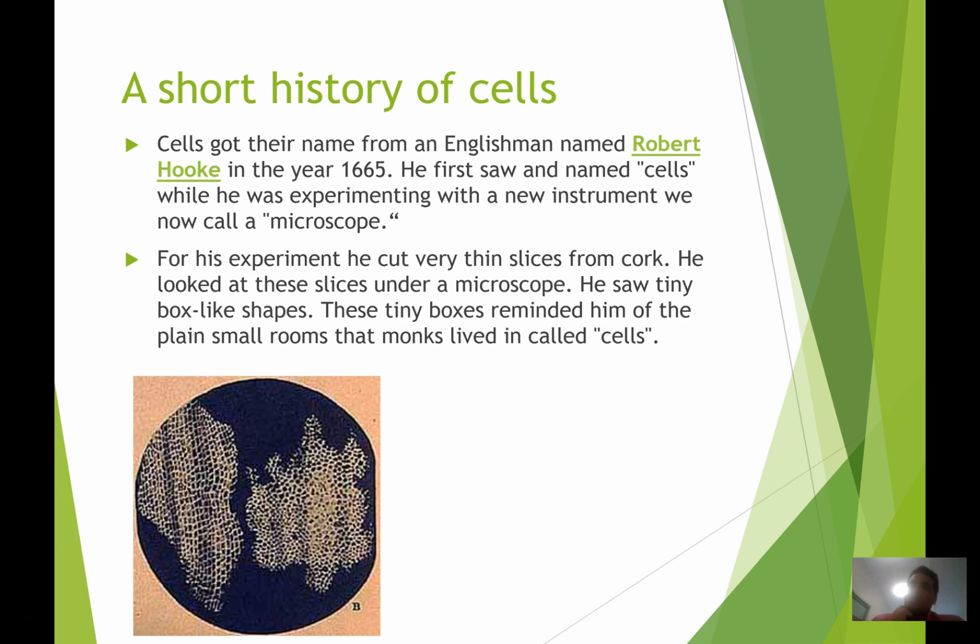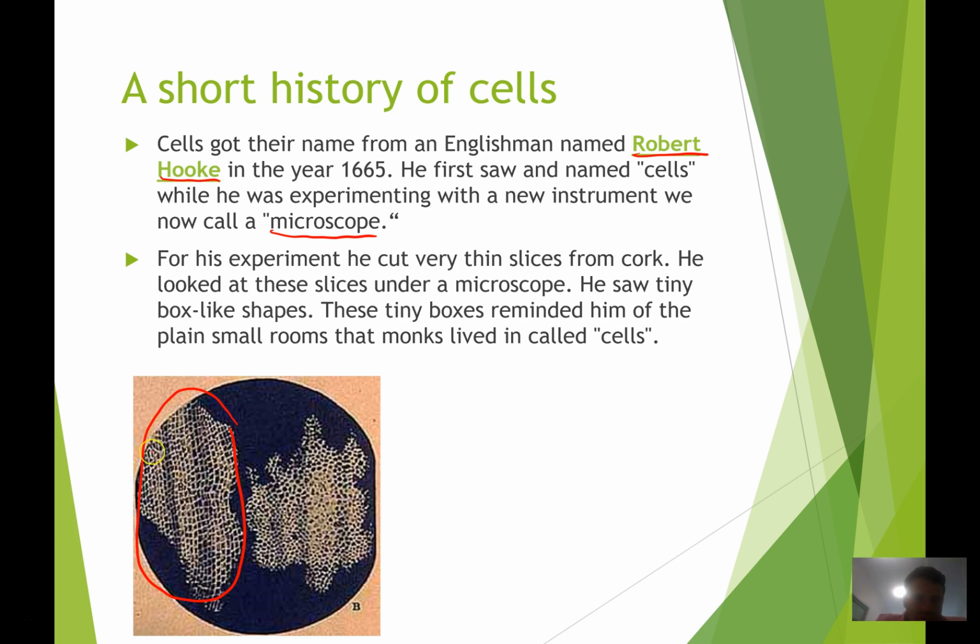How do we know about cells? It's because of this Englishman that we call Robert Hooke. In the year 1665, he named cells, and he saw cells under this new instrument that we now call a microscope. In the experiment, he cut very thin slices of cork, just like the cork we use for wine bottles, and he looked at these slices under a microscope, and he saw tiny box-like structures.